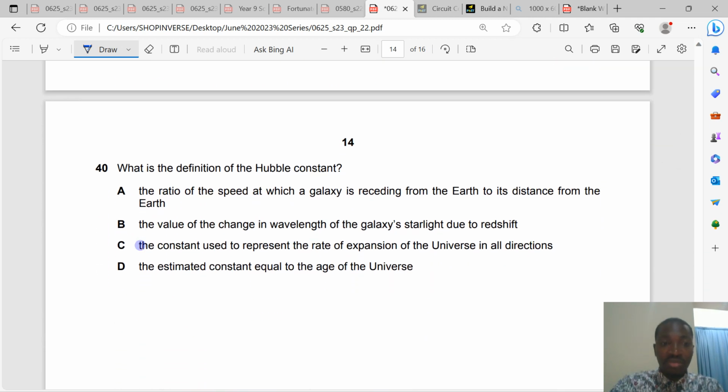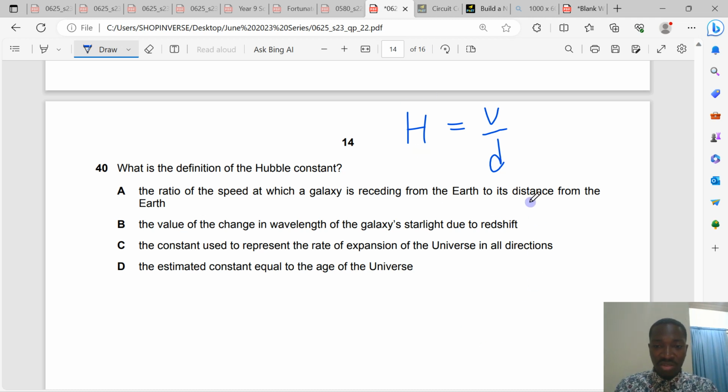Question 40. What is the definition of Hubble constant? Hubble constant, we get it by dividing the speed with which a galaxy is moving away from ours. We divide it by what? We divide it by the distance between that galaxy and our own galaxy.